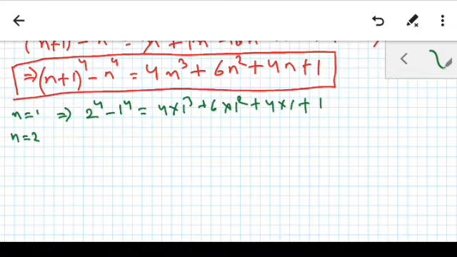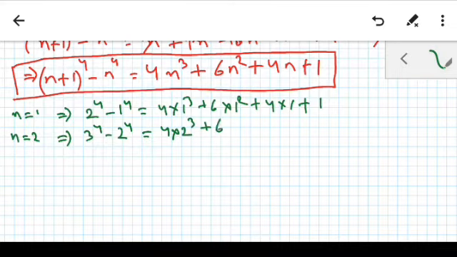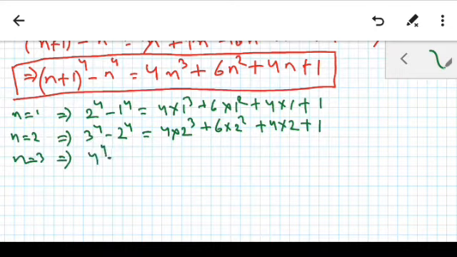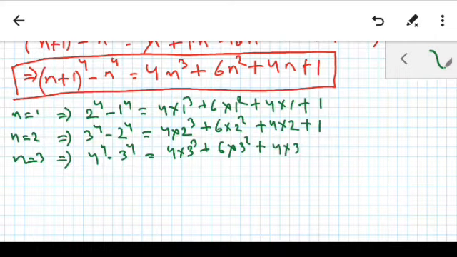Similarly, for n equals to 2, I have 3 to the power 4 minus 2 to the power 4, which is equal to 4 into 2 cube plus 6 into 2 square plus 4 into 2 plus 1. Similarly, for n equals to 3, I have 4 to the power 4 minus 3 to the power 4, which is 4 into 3 cube plus 6 into 3 square plus 4 into 3 plus 1. It will go on like this for n equals to n.